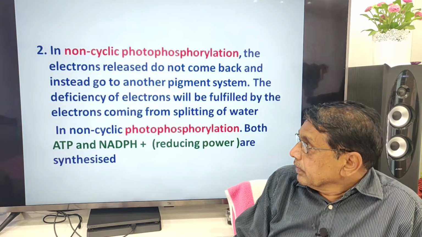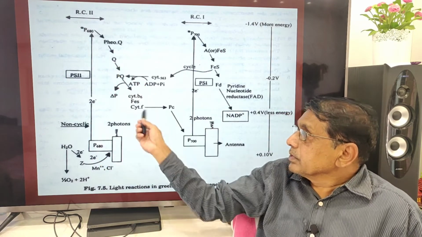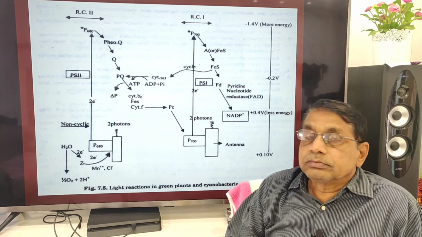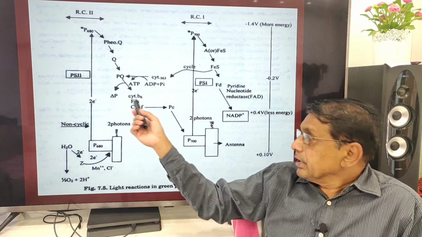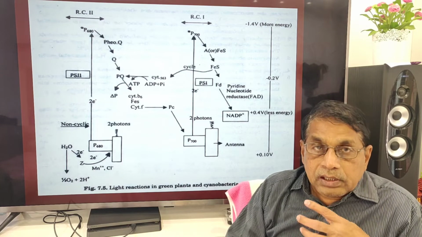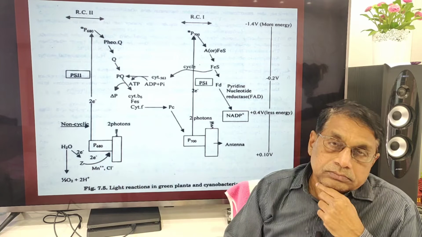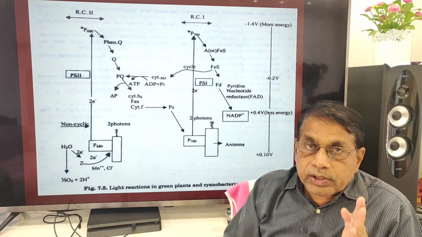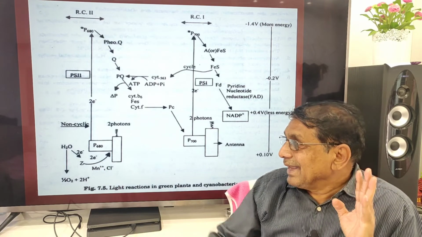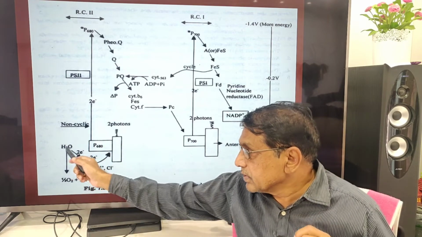So look at here. This loses the electrons, and those electrons are accepted by P700. Automatically this system falls short of electrons, and this shortage is fulfilled by the electrons coming from the splitting of water, the photolysis of water.